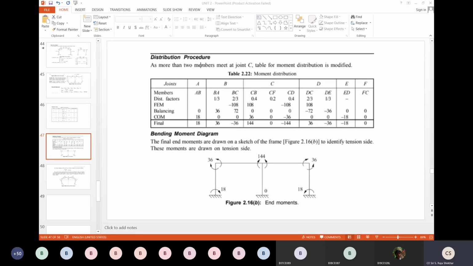Now what we need to do is join all these lines. So this is the variation of the end moment diagram.